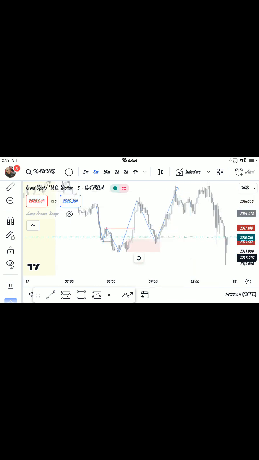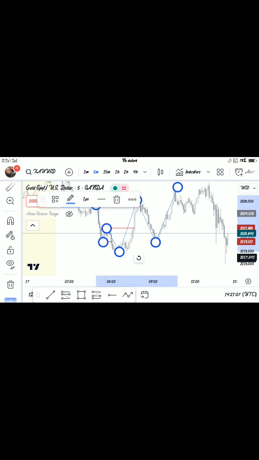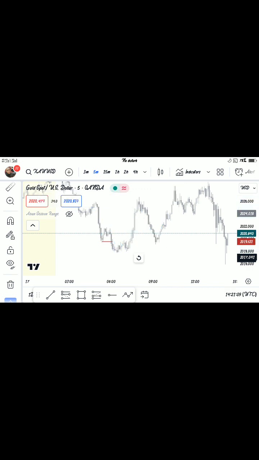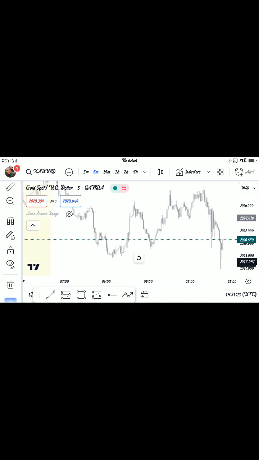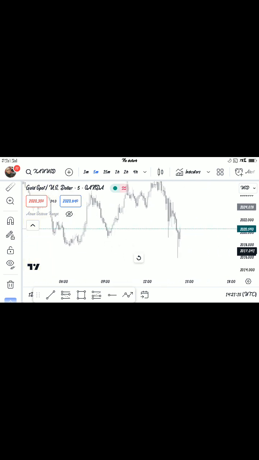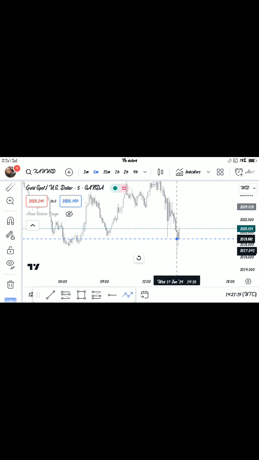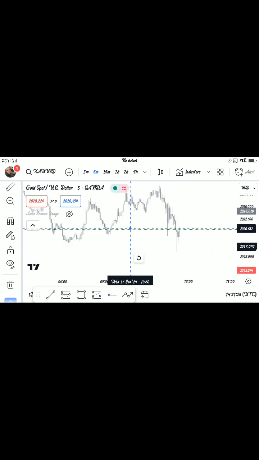This is one of the ways I get my entries in lower time frame, especially on gold. Gold is one of my favorite pairs, so I just look for a buy. If, for example, I'm looking for a buy here, let's consider this. This is my low here, right?